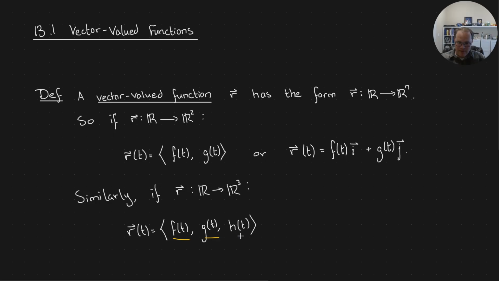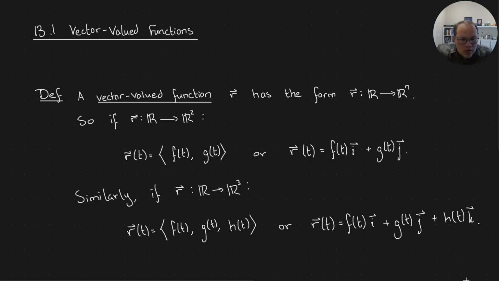The output is a vector where each component of that vector is dependent on the input variable t. And again, I could write it either in component form or in terms of the standard unit vectors. So what does it look like in practice? Let's give you an example.